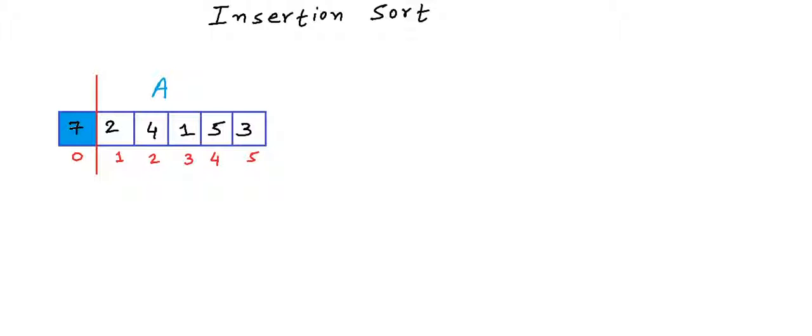Initially elements till index 0 will be part of the sorted subset, because if you have one element in a set, the set is always sorted, and all other elements are part of the unsorted subset. And now we will go on picking elements from the unsorted subset and keep inserting them into the sorted subset. So we will keep expanding the sorted subset till the unsorted subset becomes empty.